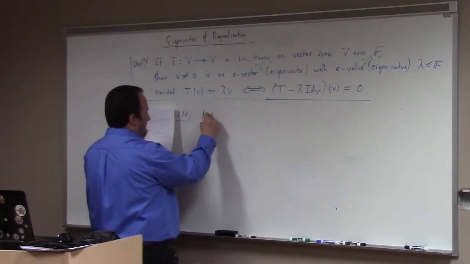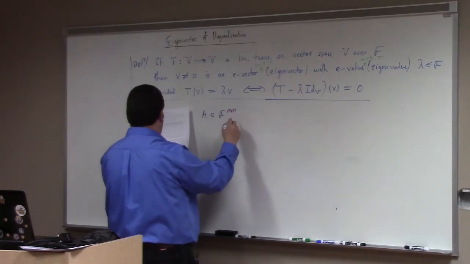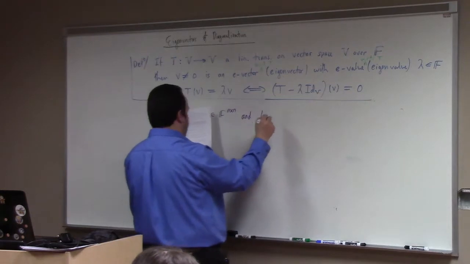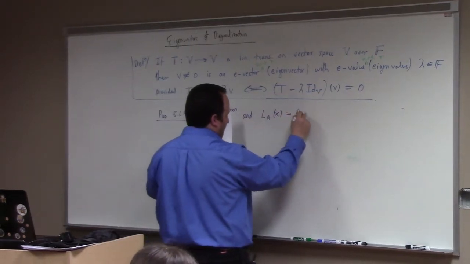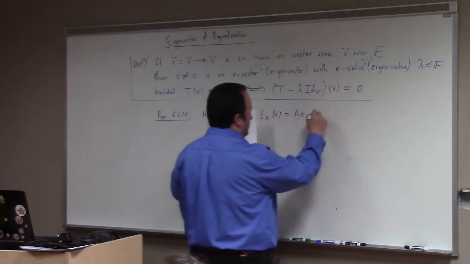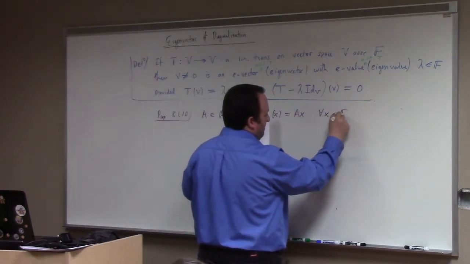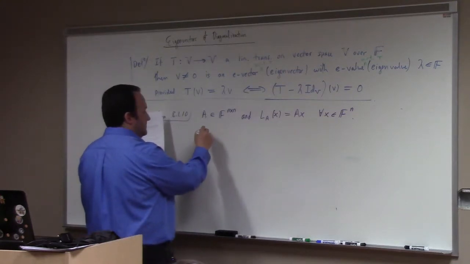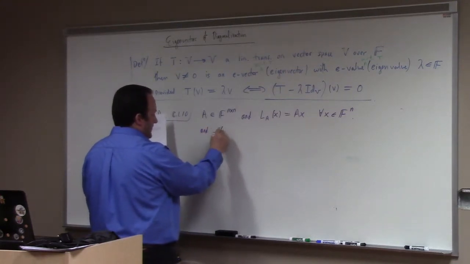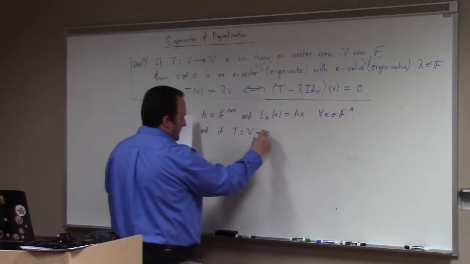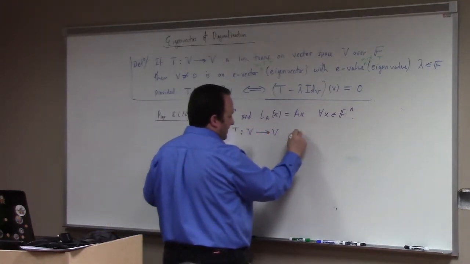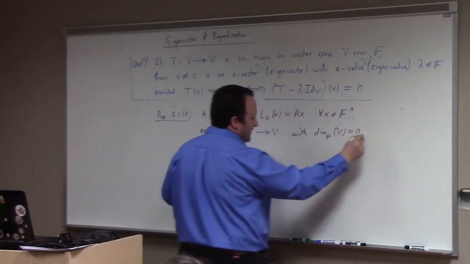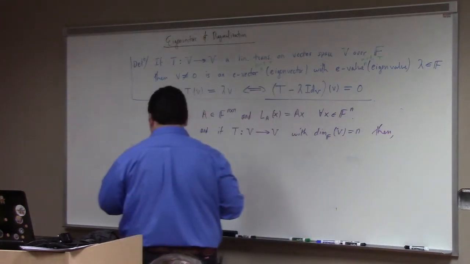If we have an n by n matrix, and left multiplication L sub A of x is, by definition, Ax for all x in F^n, and if we have T a linear transformation from V to V with the dimension over F of V equal to n, then we have the following.